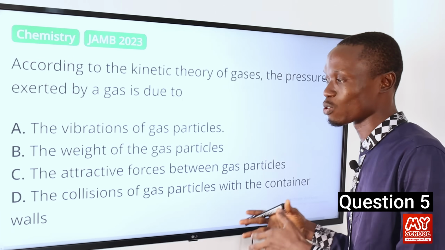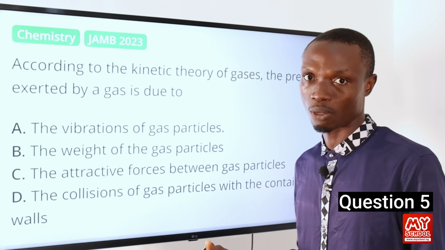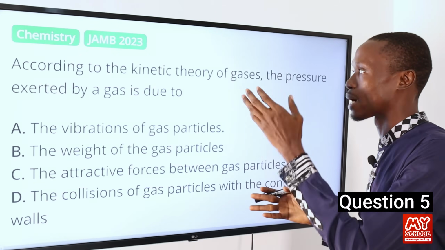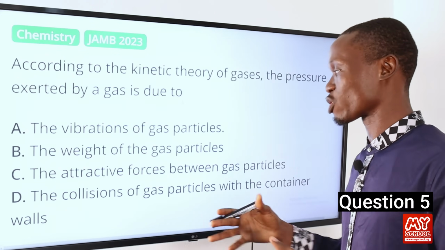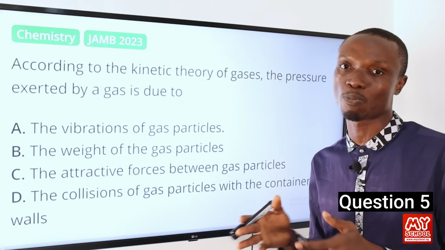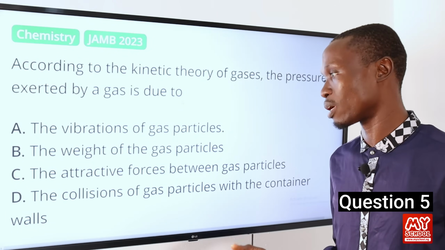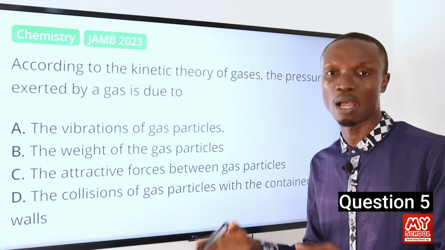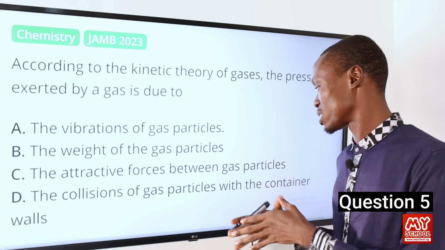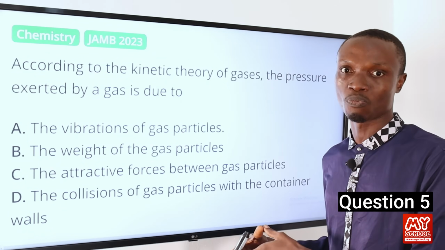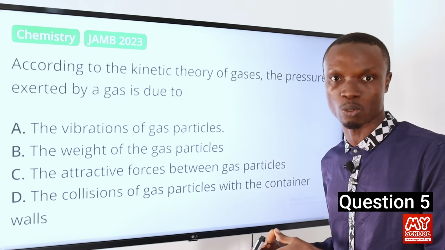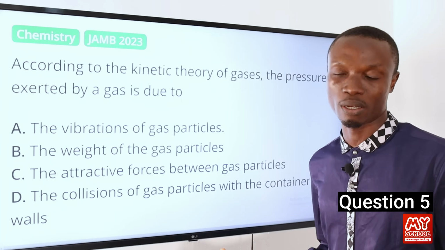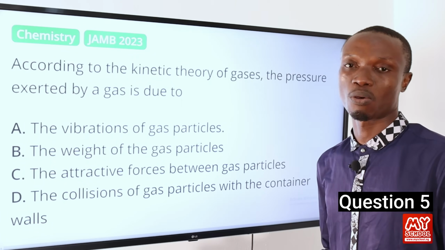So the answer to this question is option D. The reason is that according to the kinetic theory of gases, the forces of attraction between gas particles are negligible. So these gases are free to move about, colliding with one another and with the wall of the container in which they are. This force of collision produces the pressure that is exerted on the container. So option D is our correct option.